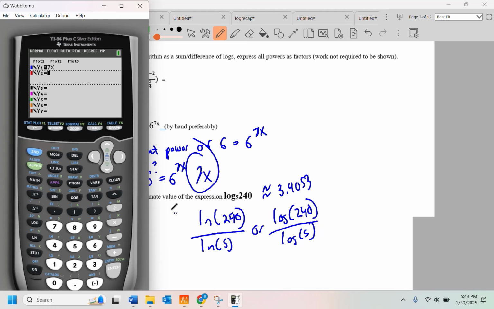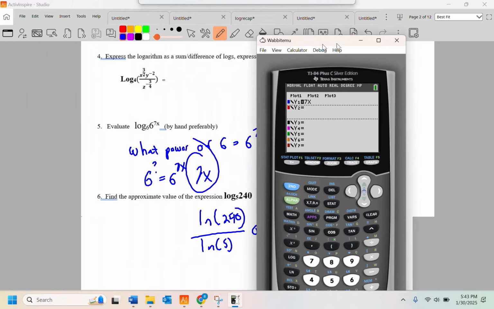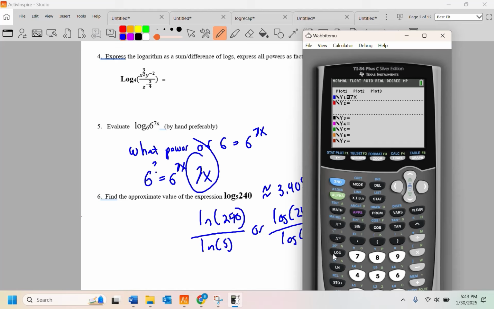I'm going to put 7x in y1, and I'm going to use change of base to put that guy in y2. So let's just do log. A calculator may not do this right because the exponent goes out front. We have 7x, and yeah, they don't.